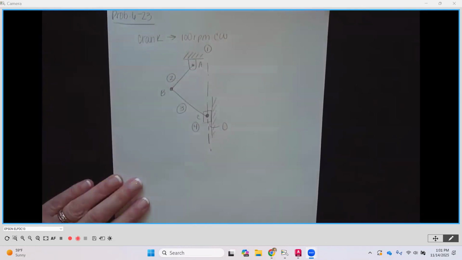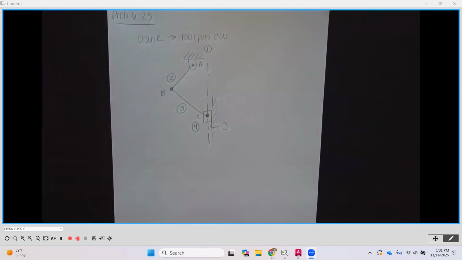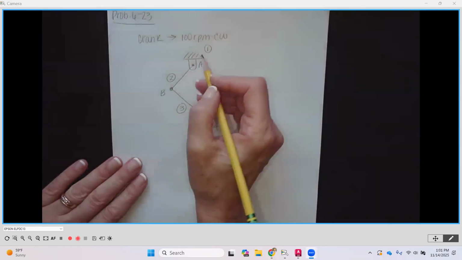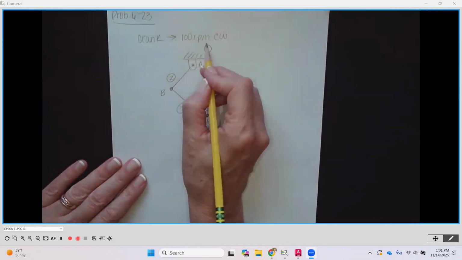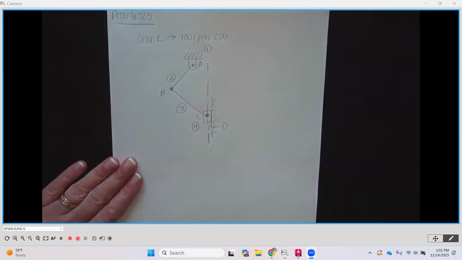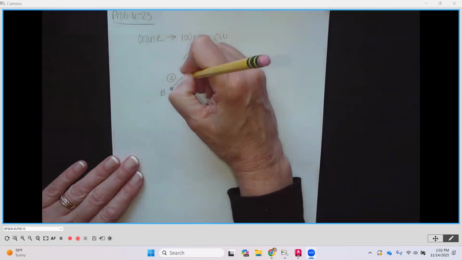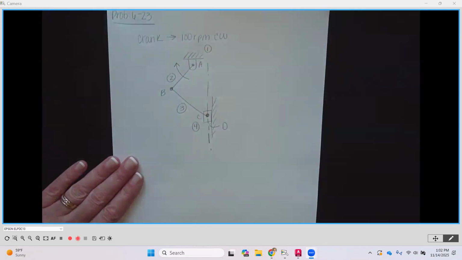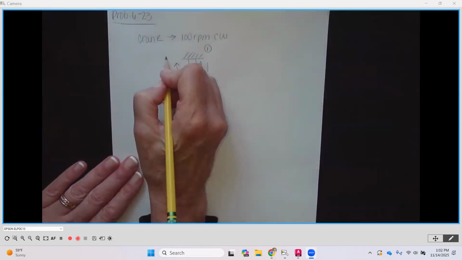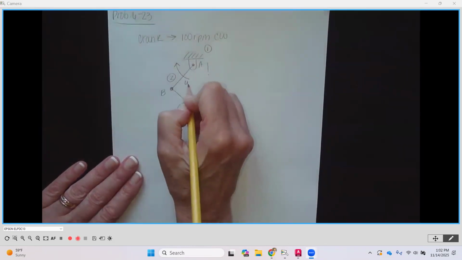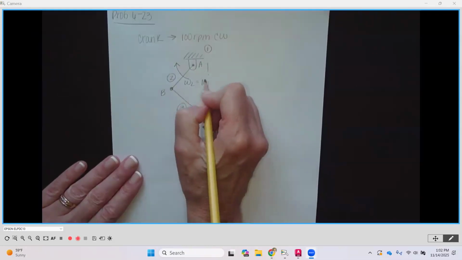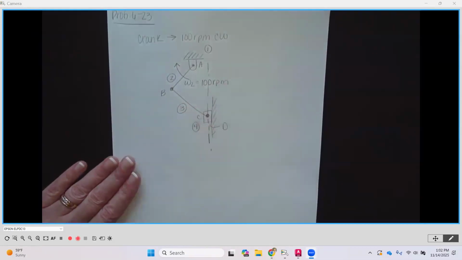Now, once we have our diagram created, and this is just for talking through the process, we'll go over to AutoCAD in a little bit. We want to show that this crank is rotating clockwise at 100 RPM. So we are going to show this in this direction. This is going to be W2, and it's going to be equal to 100 RPMs.